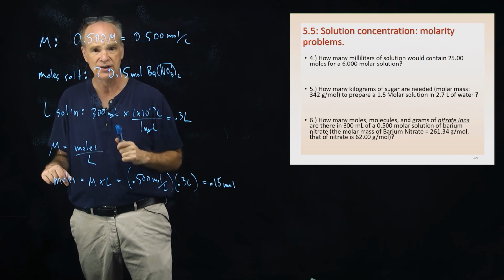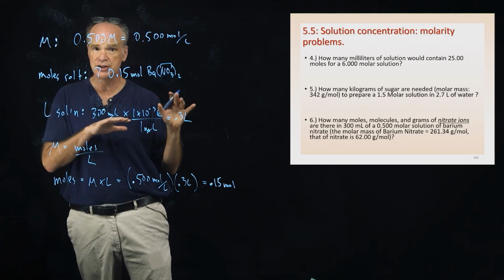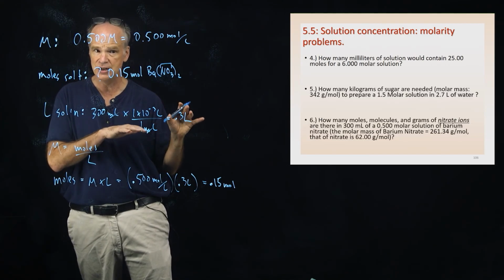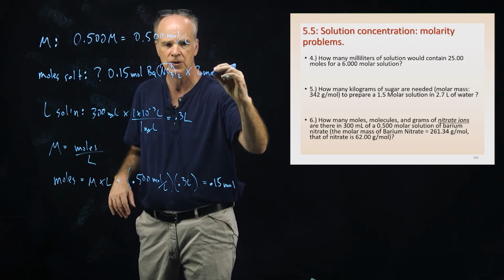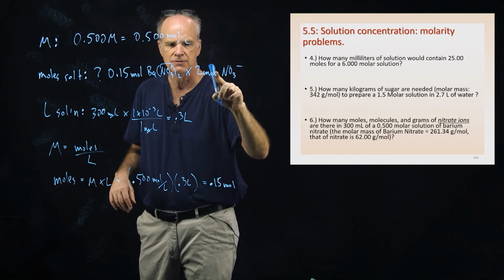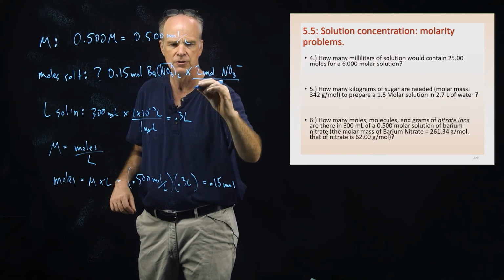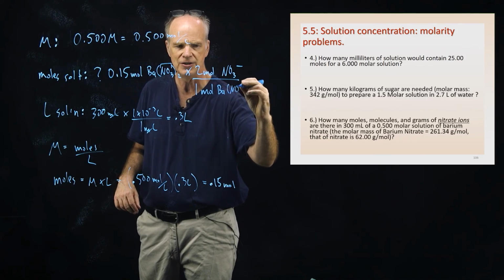So we have 0.15 moles of barium nitrate. So we can convert that into an equivalent amount of nitrate ions like this. So it's times 2 moles of nitrate over 1 mole of barium nitrate. So let's see what that is.